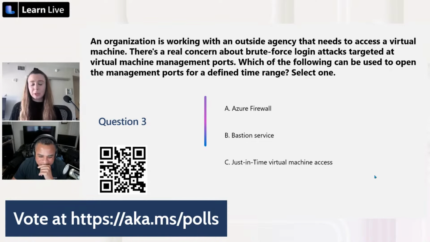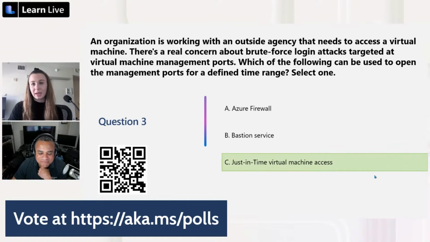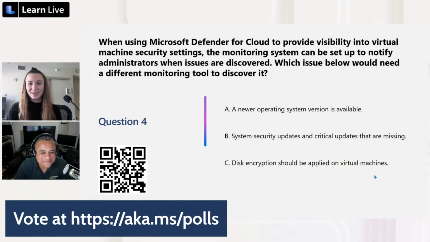So there are some specific use cases where a user may need to get access. And in that case, the best thing to use will be C, just-in-time virtual machine access. Awesome. Great. All right. Next question.